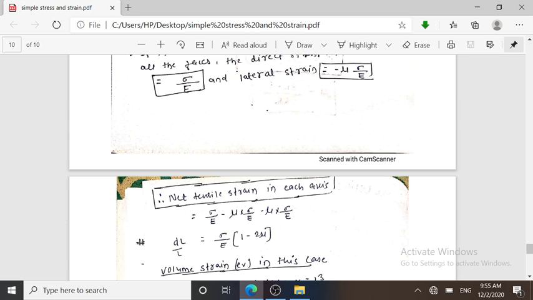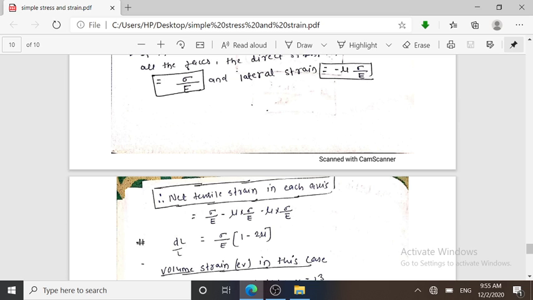अगर x axis की तरफ body को खींच रहे हैं, then x axis में body की length बढ़ेगी, at the same time वो दोनों में कम होगी. So the net tensile strain in each direction is equal to sigma by E minus the other two. क्या y में क्या होगा, mu into sigma by E lateral strain, minus mu sigma by E, that is lateral strain in z axis.